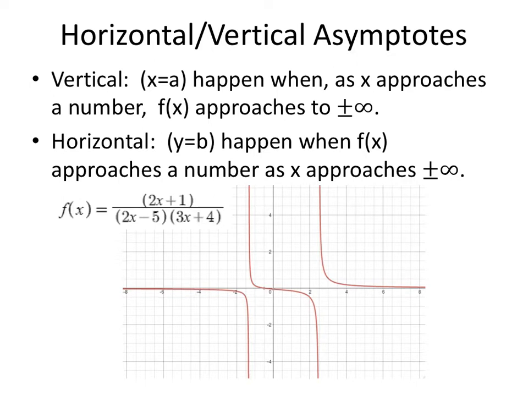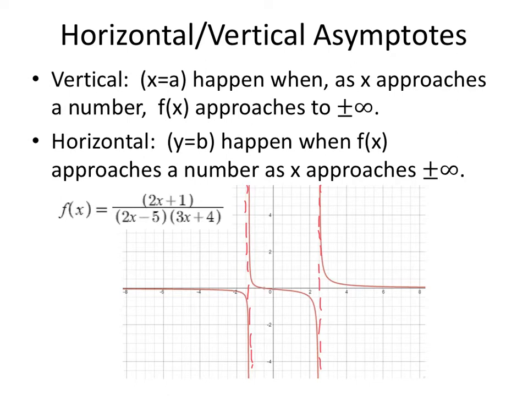So we can see that we've got some of these asymptotes happening in this function right here at positive 2.5 and somewhere around here at negative something or other, right? Okay, well, those are awesome. We also have horizontal asymptotes.